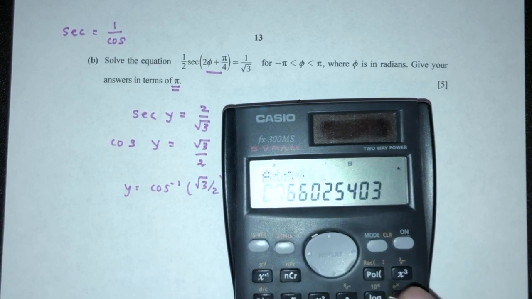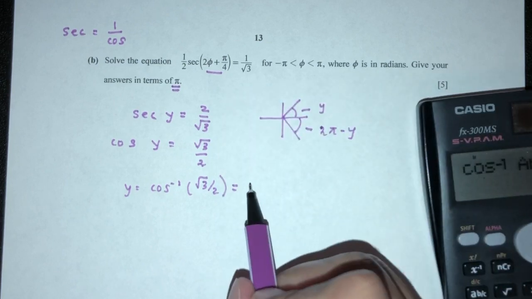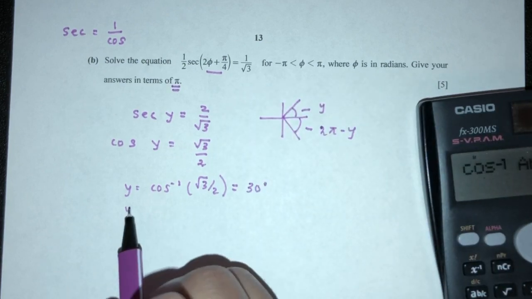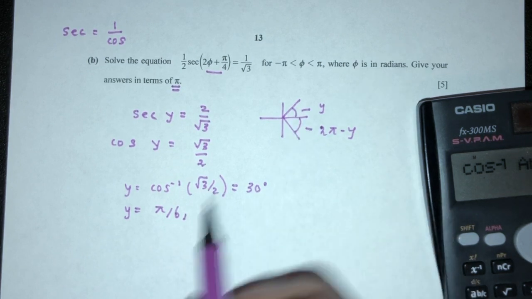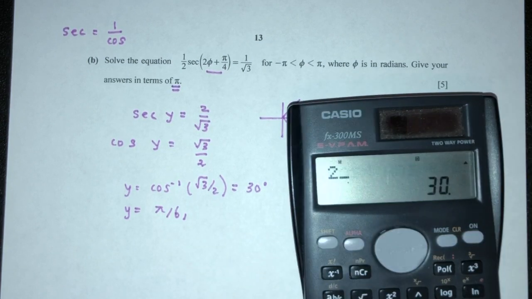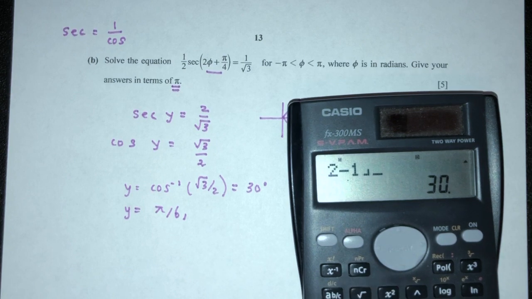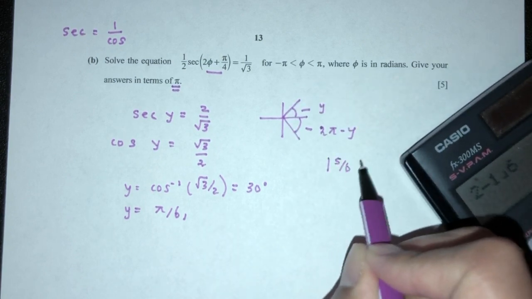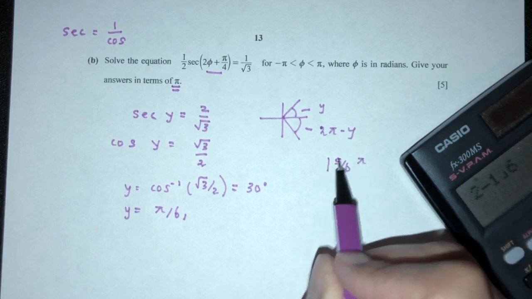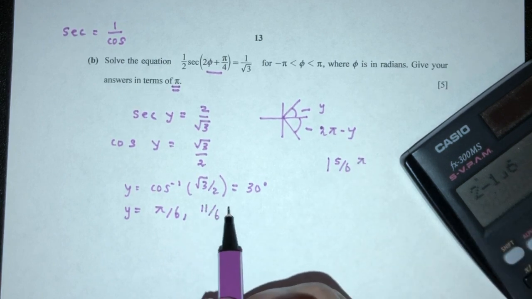So cos inverse of that will be 30 degrees, which is equal to pi by 6 radians. But also this is the first angle here, which is also equal to 2 pi minus 1 over 6. That will be 5 over 6 pi, which is 1 times 6 plus 5, 11 over 6 pi.